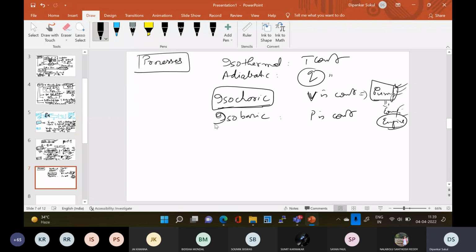Similarly, isobaric: whatever biological reactions are occurring in our body, these are happening under normal atmospheric condition. These are isobaric reactions.